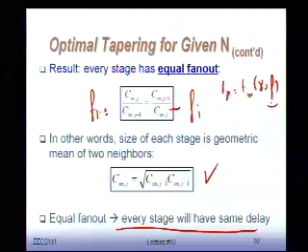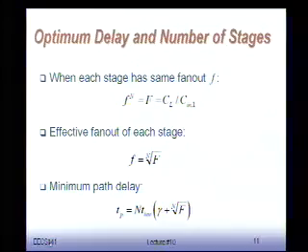If I make f equal for every stage, we can say that every stage has the same f. But the question is, what is f? What is the value of that fan-out factor? Well, we know, because the total fan-out between the first stage and the last stage is known. We know the input capacitance, that minimum gate capacitance.